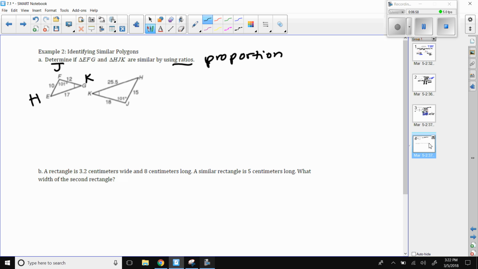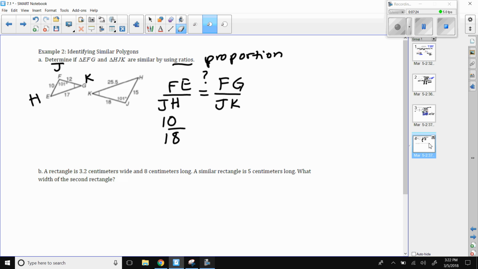So I'll use side lengths FE, and I can see that that's going to be the same as JH, equal to FG over JK. Okay, and so this means FE is 10, JK is 8, JH is 15.